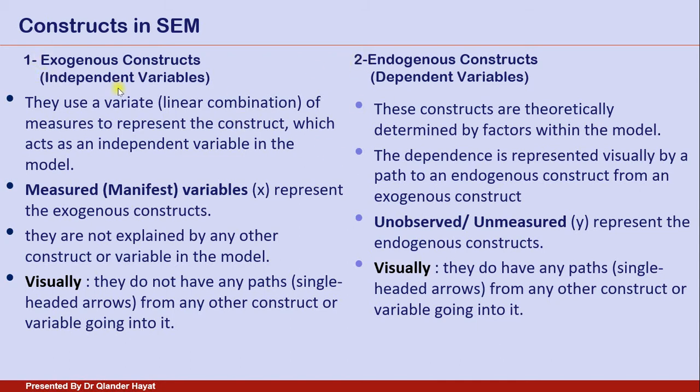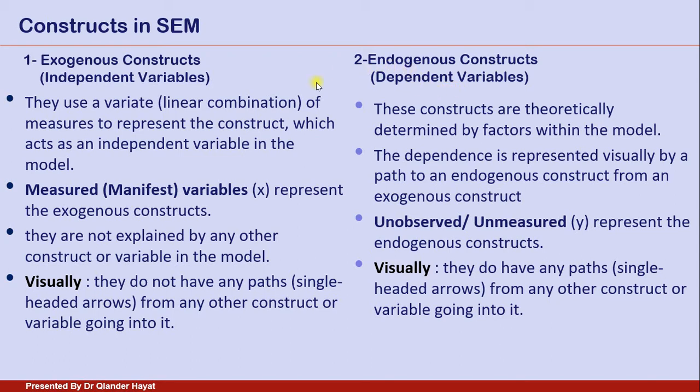In a simple understanding of exogenous constructs, you can think of these variables as independent variables. So we can say that the independent variables are known as exogenous variables, while in SEM, endogenous constructs can be treated as dependent variables.